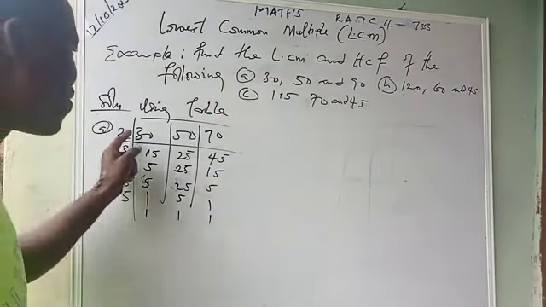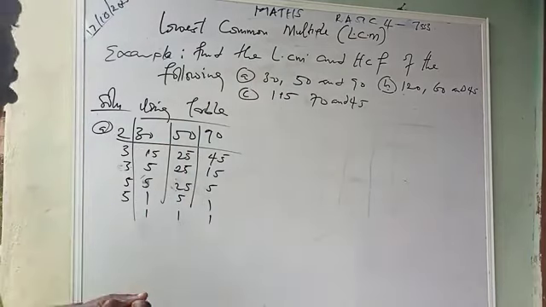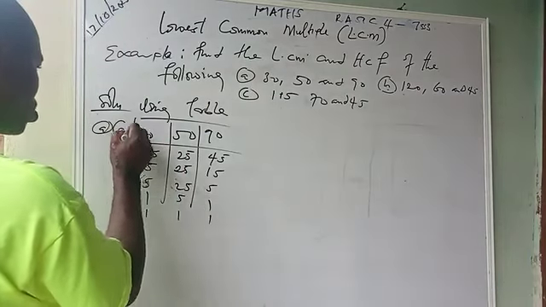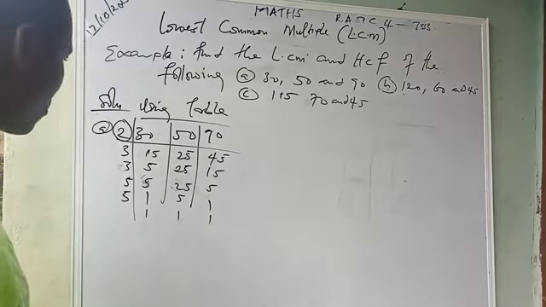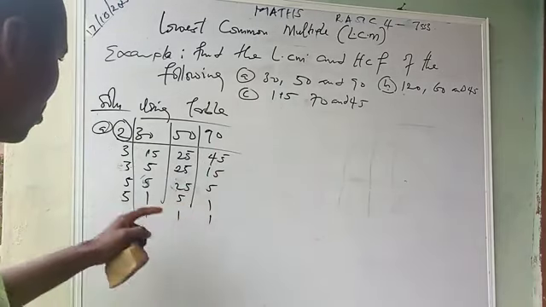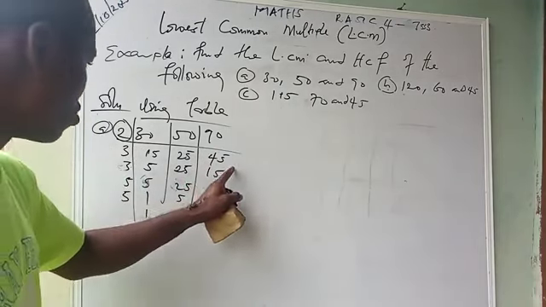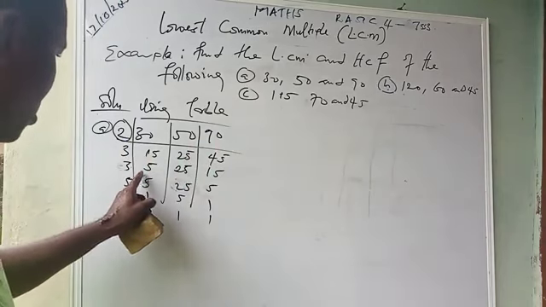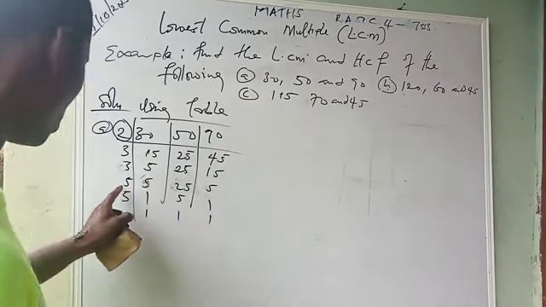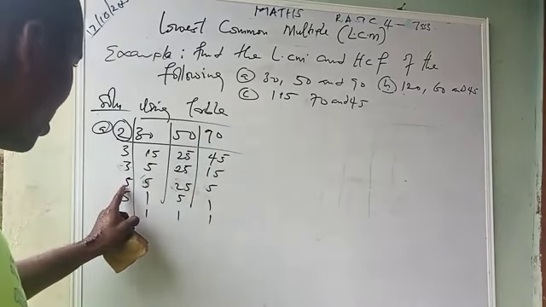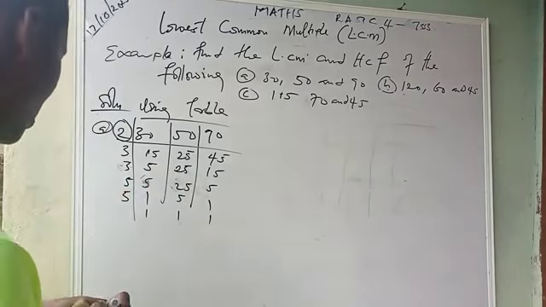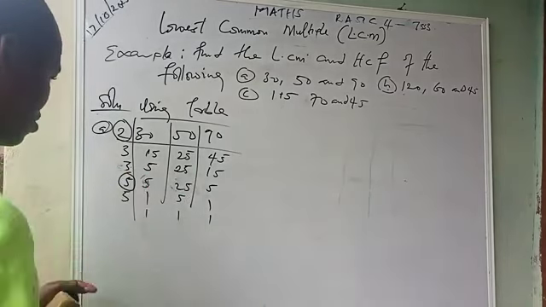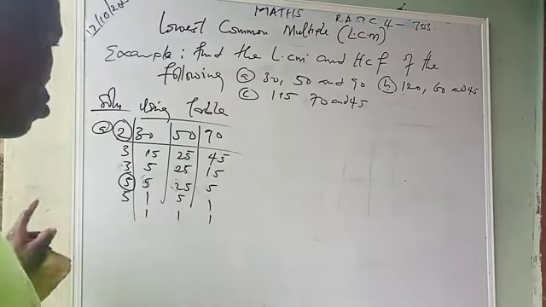Now, don't forget, while you are doing it, the question says LCM and HCF. So the one that divides the 3 of them is one of the factors of your HCF. Because 2 divides the 3 of them. Does the 3 divide everything here? No. Does the 5 divide everything here? Yes. Good.